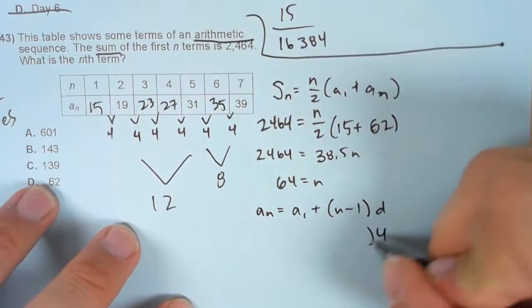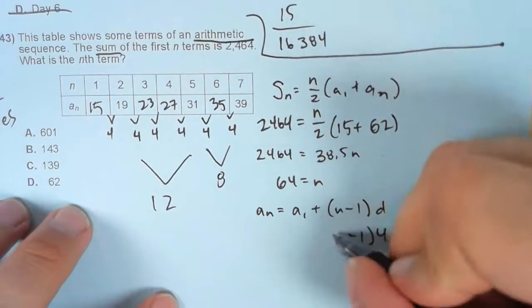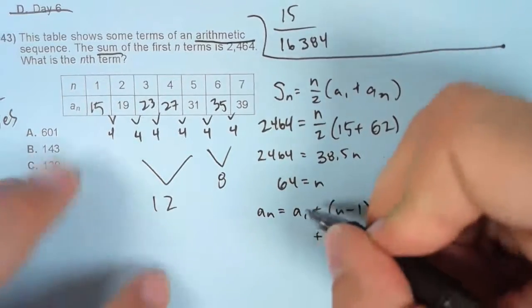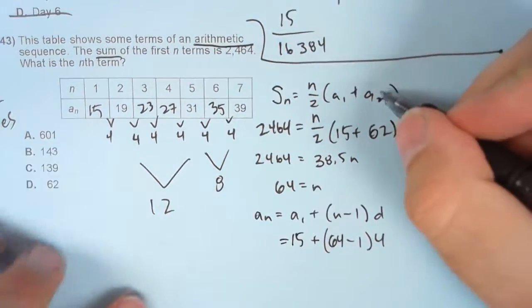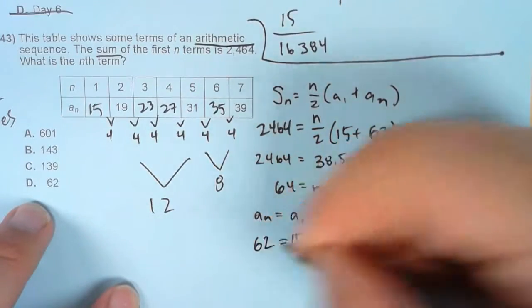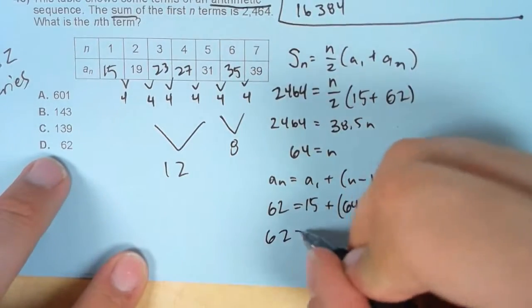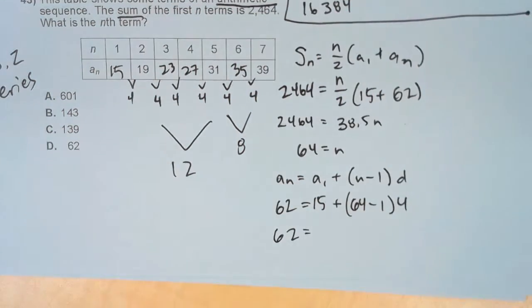We know our common difference is 4, we know our n should be 64, our first term is 15, and we're going to try it and see if we get 62 as a result. So if both sides here are equal, then 62 is our answer. If they're not, we're going to go back and try another one.